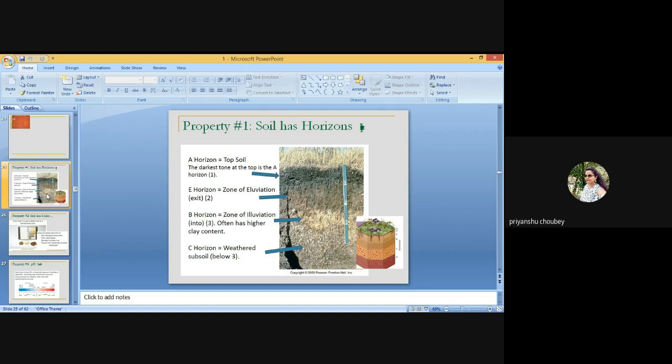So the first soil map of India was developed in 1932 by Schokalsky, a Russian scientist, on the basis of the then Russian pedological principles.